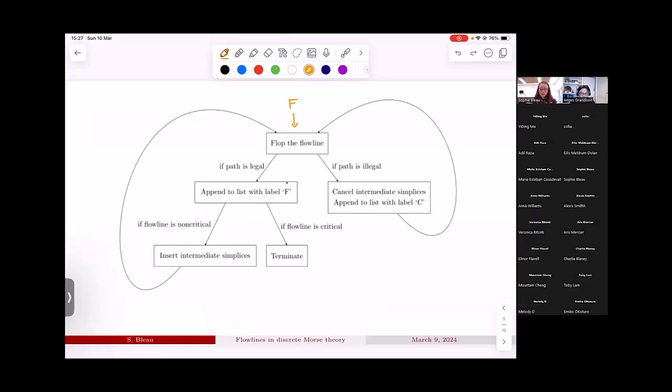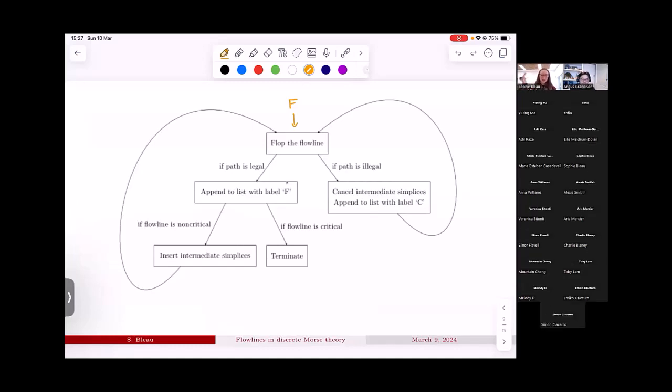And since we're starting with flop and ending with flop, there always has to be an odd number of actions if we consider cancel, flop, and insert to be the active actions. There are always an odd number of actions between the start and the end of the algorithm. And that's going to be important for reasons that we might see later.